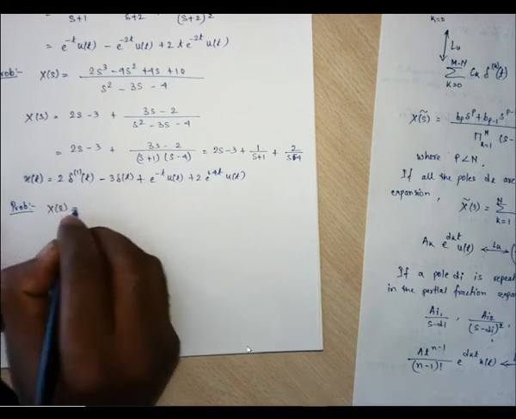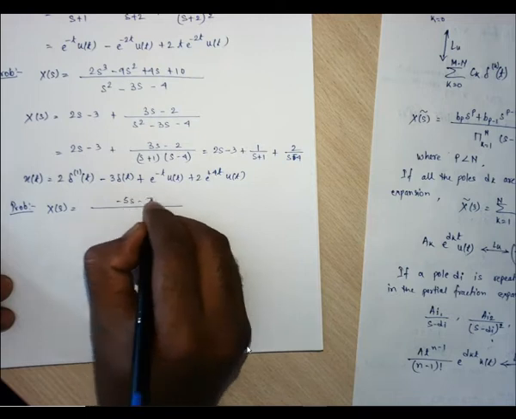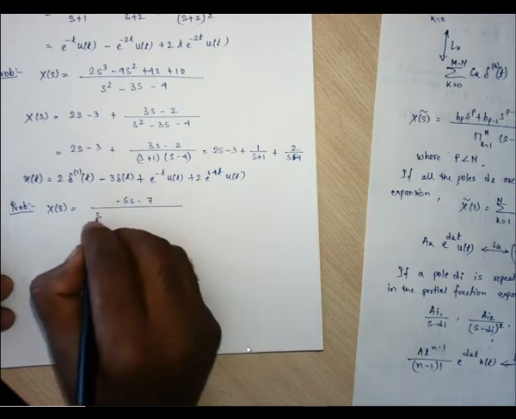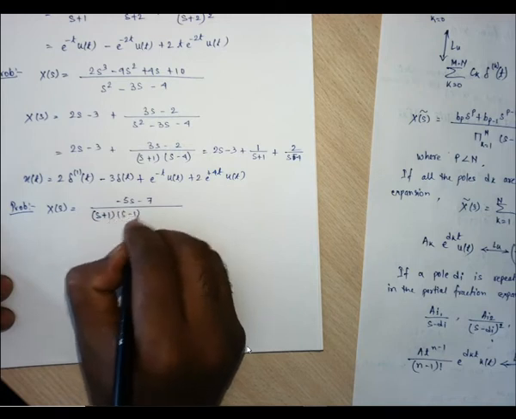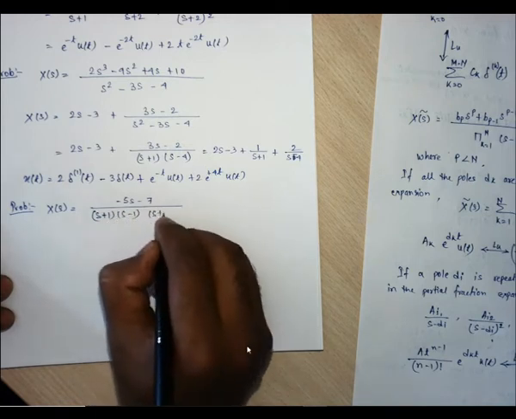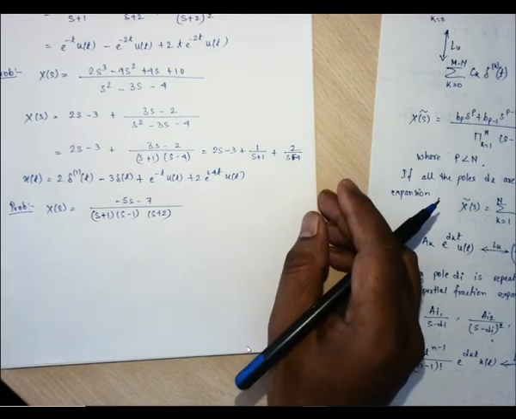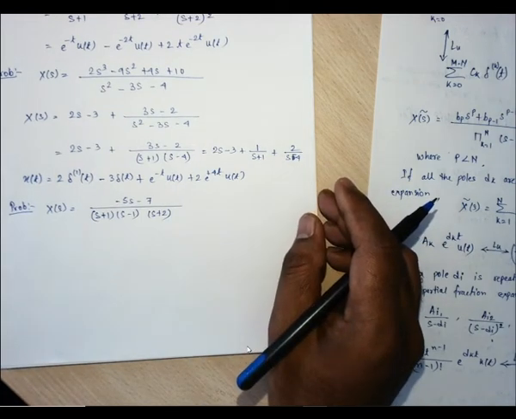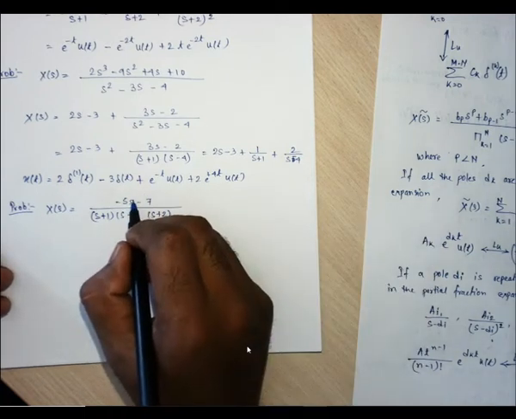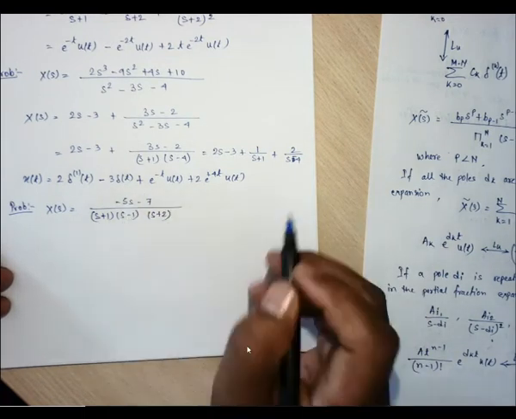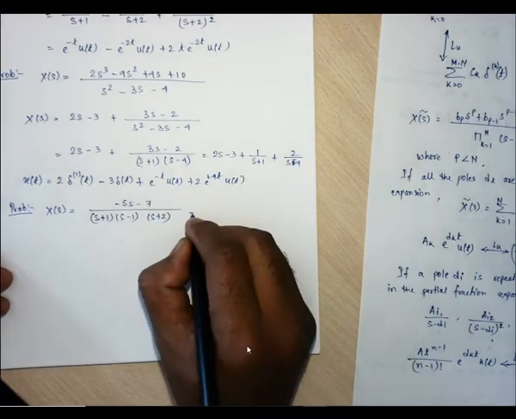X(s) is given as minus of 5s minus 7 by (s plus 1)(s minus 1)(s plus 2). So here no problem, first check: the numerator polynomial order is lesser than the denominator polynomial order. So first we need to go with the partial fraction expansion.